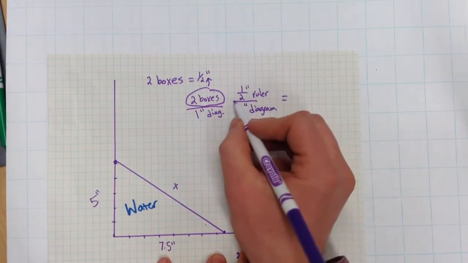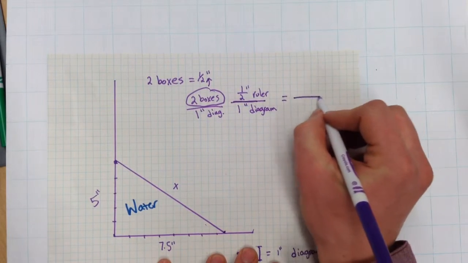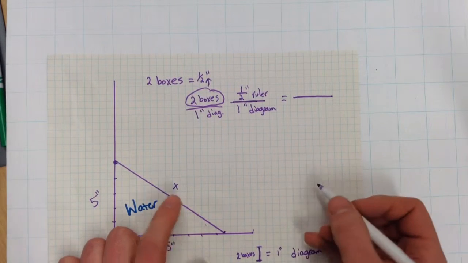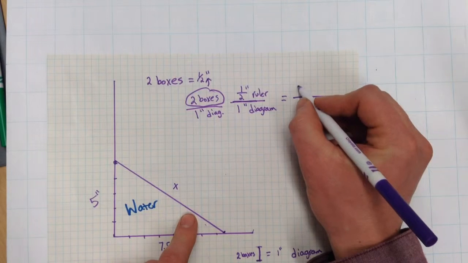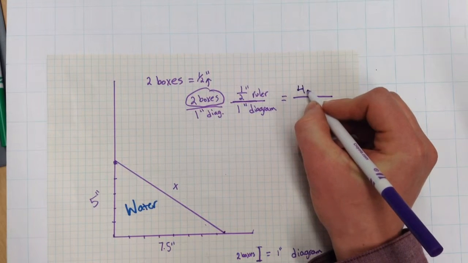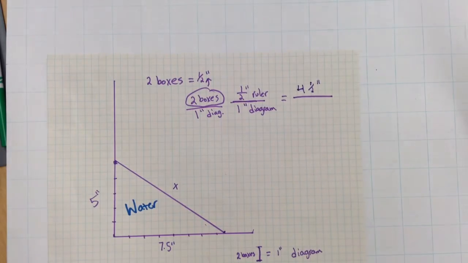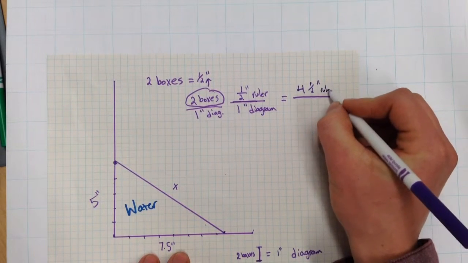So we're going to set up a proportion using our scale factor and the side that we're wanting to measure. So we said that what we measured on our ruler is going to be 4.5 inches. Why did I put this up here?